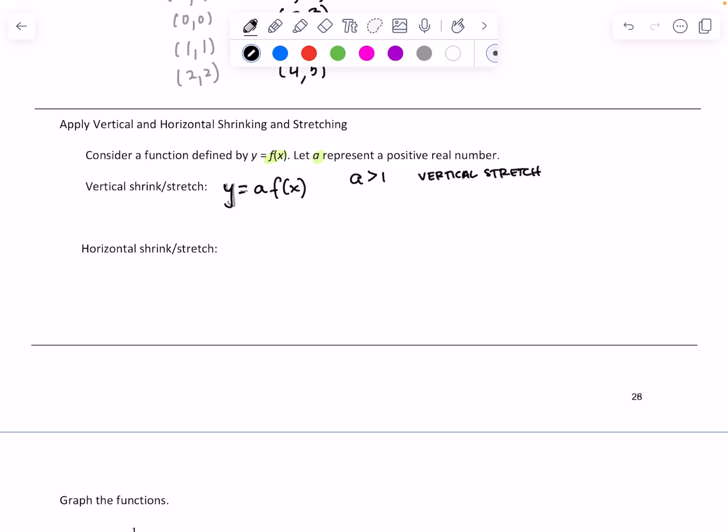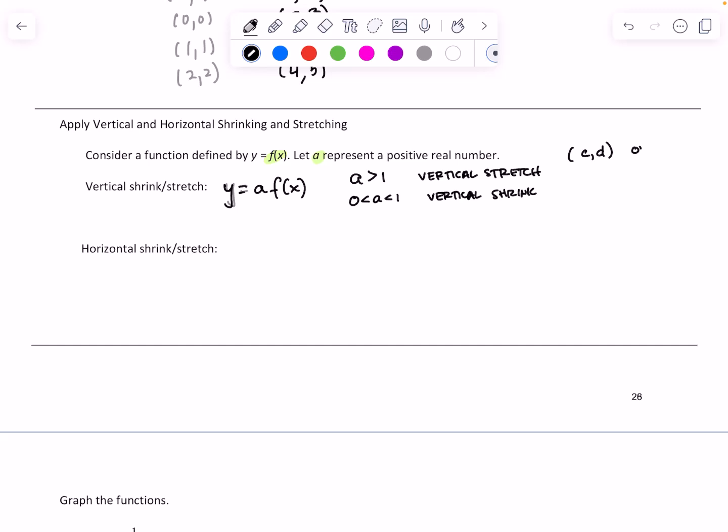So the function is going to look like it's getting taller. It'll also, in a lot of cases, make it look like it's getting skinnier. If a is between 0 and 1, this is going to be a vertical shrink. But the way we can figure out what the graph looks like is we can take our original y coordinates. Let's take the graph of, I don't know, let's call it c comma d.